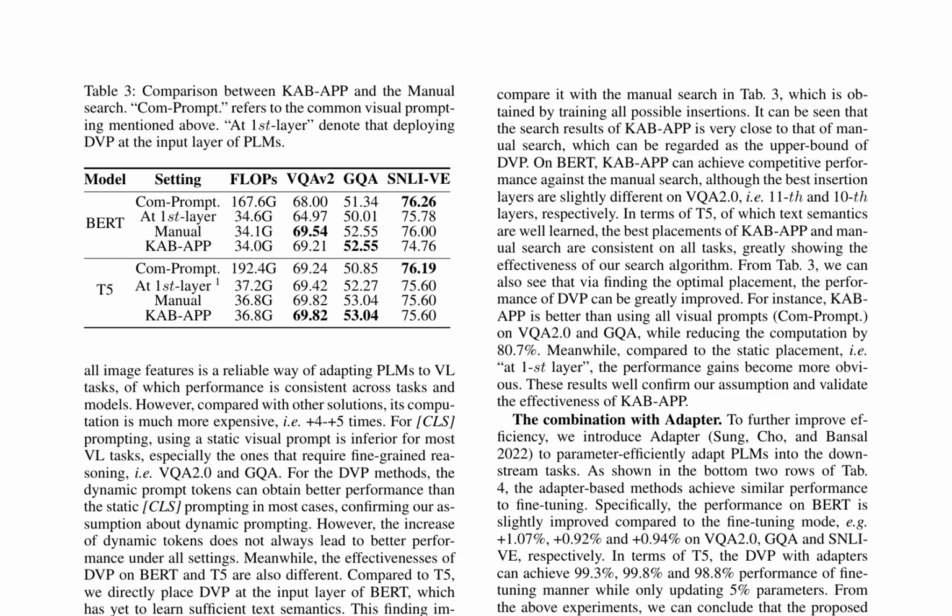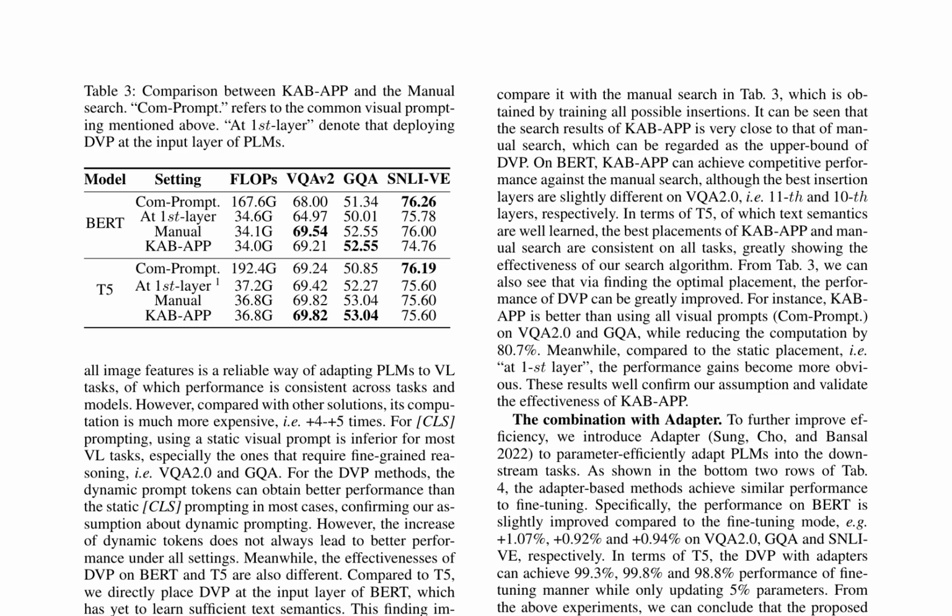Results show that DVP can efficiently transfer PLMs into visual language tasks without requiring large-scale visual language pre-training. Compared to other visual language pre-trained models, DVP achieves competitive performance with fewer computing resources, especially when combined with adapters.